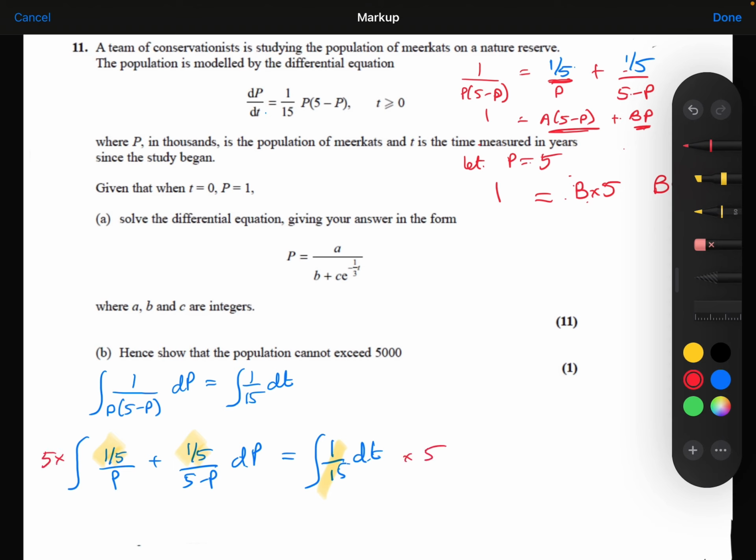So times both sides of this by 5. That's going to make both of these become 1. And on the right hand side, the 1 over 15 times 5 is 1/3.